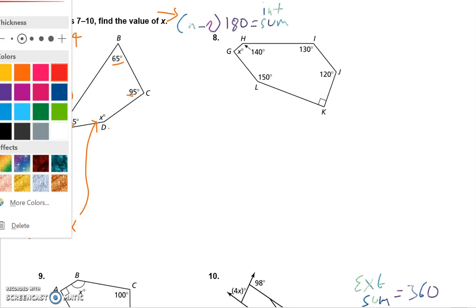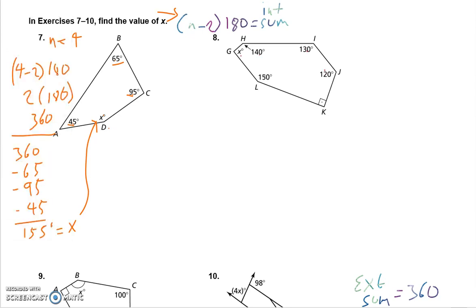Okay, over here you have 1, 2, 3, 4, 5, 6. So this is a hexagon. So n equals 6. For this one, I'll do 6 minus 2 times 180. That's 4 times 180, which is 720. So these angles are 720. This one right here is 90.